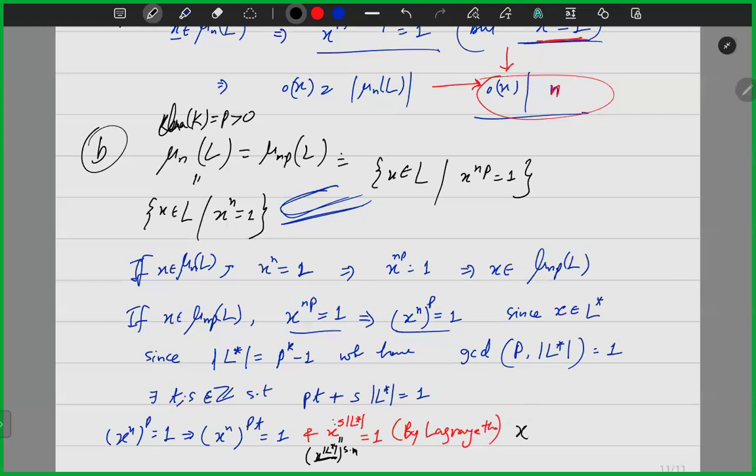So (x^n)^(pt) times (x^n)^(s·order of L*) is equal to 1, since each is 1.